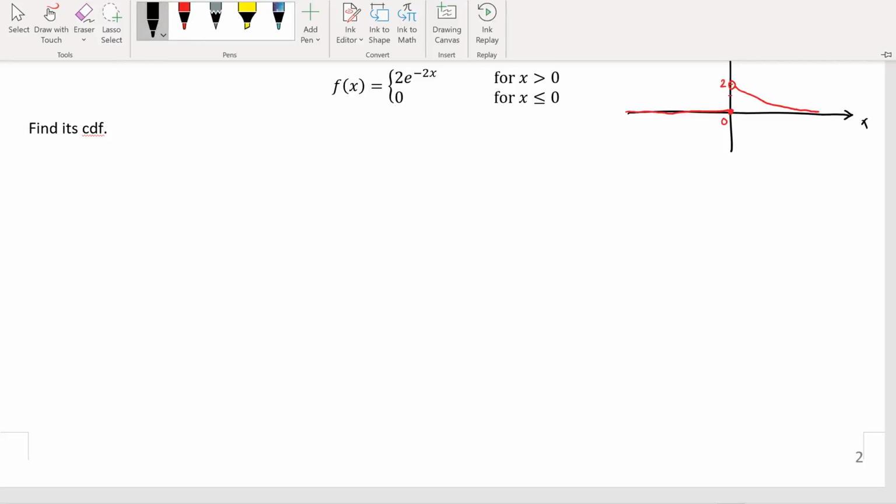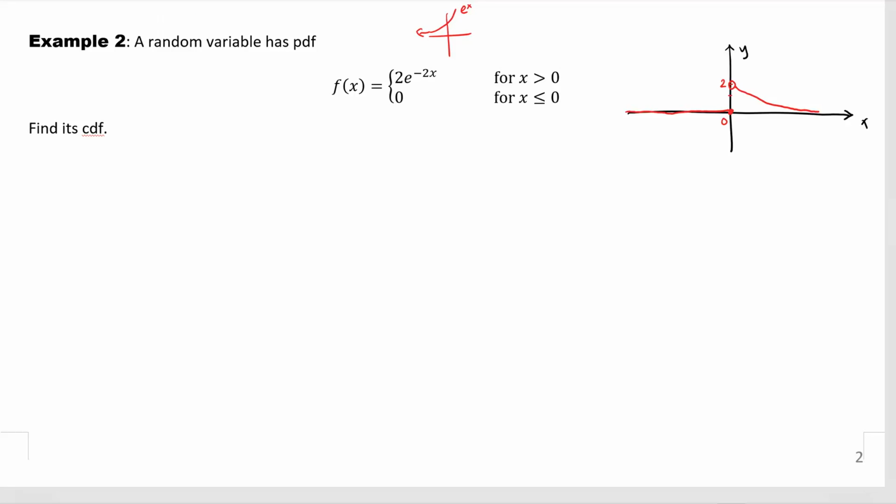All right, let's look at the picture and start. We can see that if x is less than or equal to 0, it's going to be 0. And if x is greater than 0, F of x is the integral from 0 to x of 2 e to the minus 2y, let's use a different letter, y.